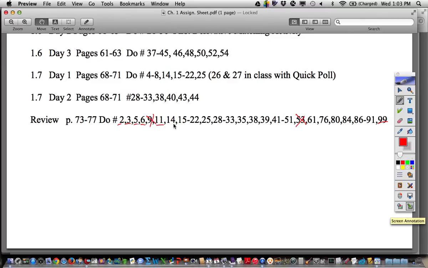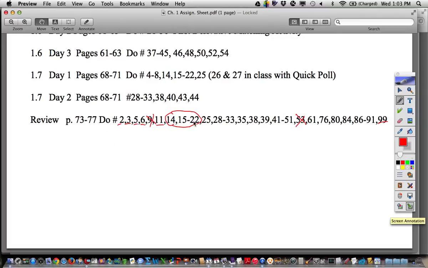The rest of them, starting with 14 through 22. 14, I don't know why I put 14 and then 15 through 22. Yeah, 14, 15 are good ones. That's where you've got to figure out which graph is which, that kind of stuff.